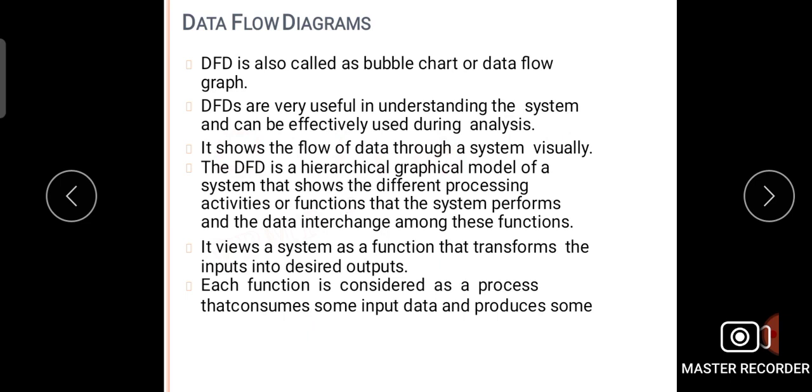DFD is a hierarchical graphical model of a system that shows the different processing activities or functions that the system performs and the data interchange among these functions. It views a system as a function that transforms inputs into desired outputs. Each function is considered a process that consumes some input data and produces some output data.